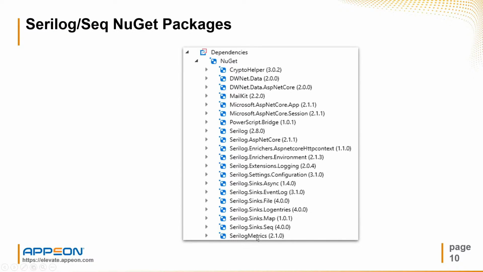Metrics, if you need that, moving up from the bottom up. Some sinks for Seq, configuration, and the like. So there's a lot of possibilities. Not all of this is needed for every situation, but it does really give you a lot of coverage depending on how powerful you need your logging to be.